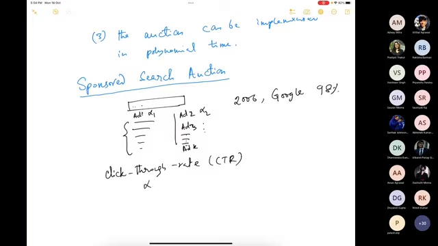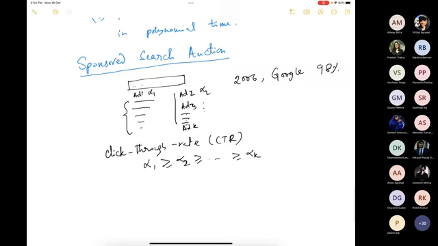This information is typically available from historical data. So alpha 1 is greater than or equal to alpha 2, and so on, greater than or equal to alpha k. This encodes the goodness of the position: from the position itself, irrespective of the ad, how likely the user clicks on the ad.